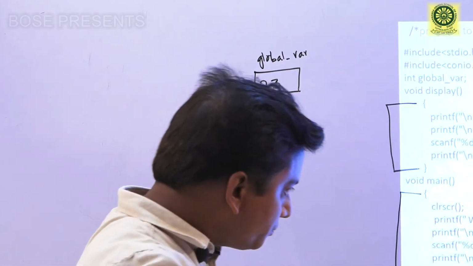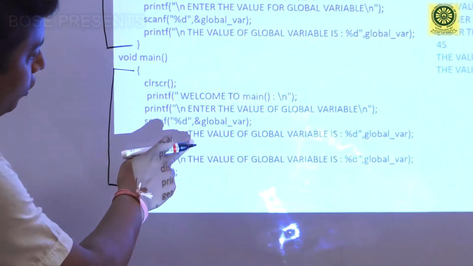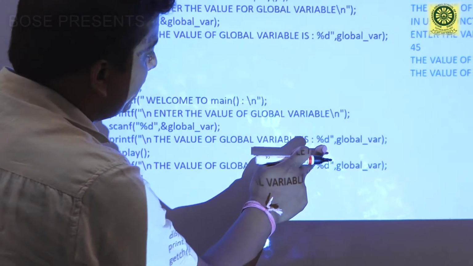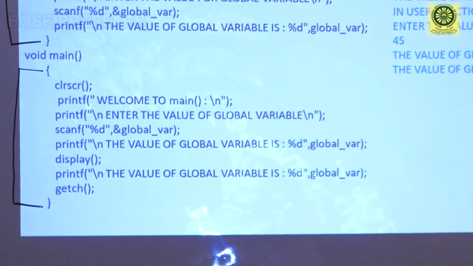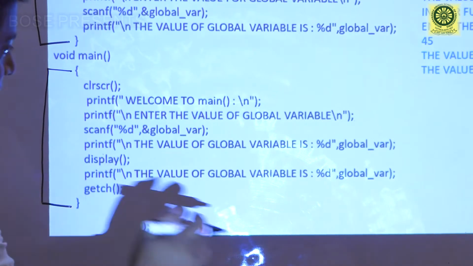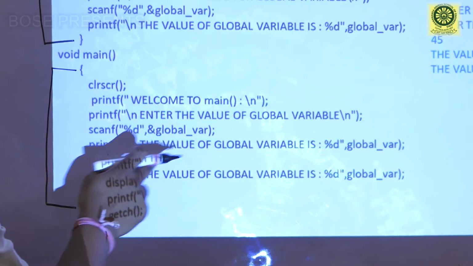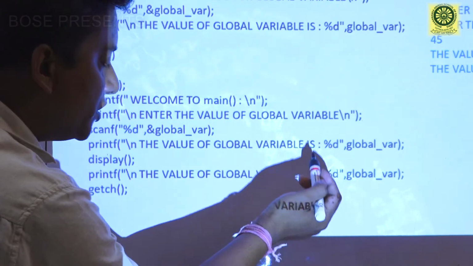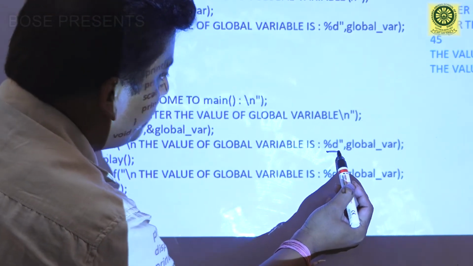That means in the scanf statement the value 23 will be stored in the memory location of the global variable. Then my next line is printf the global variable is %d, comma, global_var. Within this parenthesis there is a comma, which means two things are written. The first is the string constant, and along with it I have written a conversion specification character.